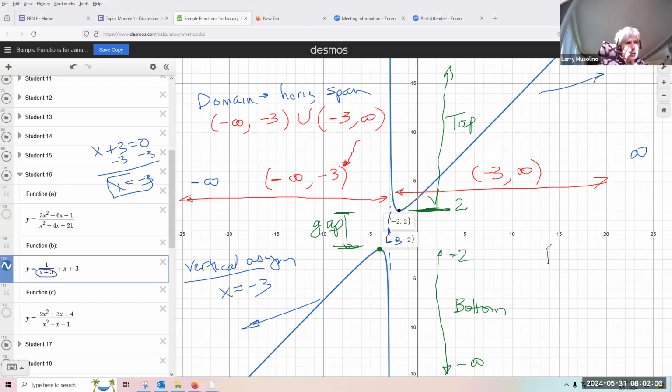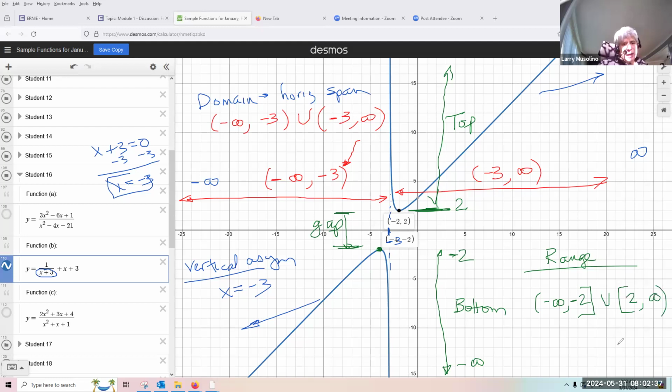So here is our range in interval notation. The bottom part is going to be -infinity, -2. Now for this -2, I'm noticing this point is actually on the graph. So that is a y value that's included on the graph. So when it's included, you put a square bracket like this on the interval notation. And then for the top portion, it's going from 2 to infinity.